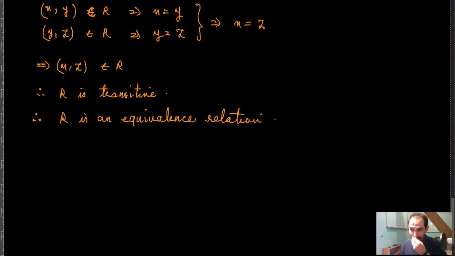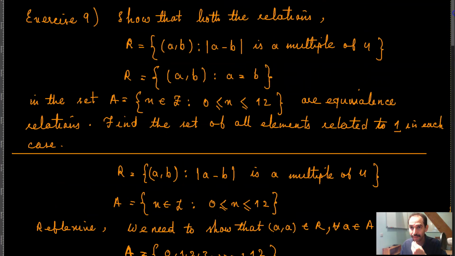So now the second part of this question. Basically, here we said that we wanted to show that both of these relations in the set A are equivalence relations, which we already did, and we want to find the set of all elements related to 1 in each case.